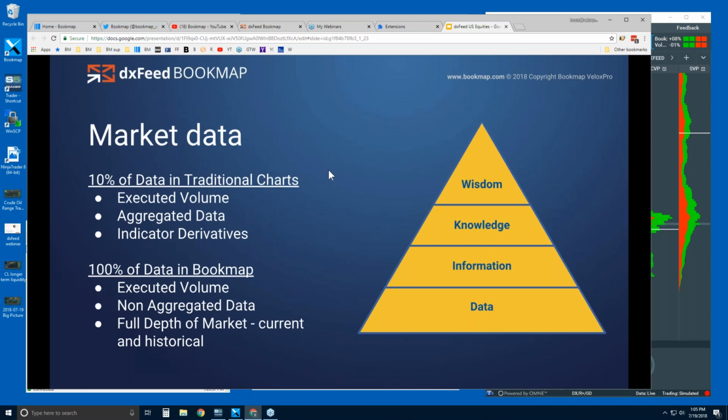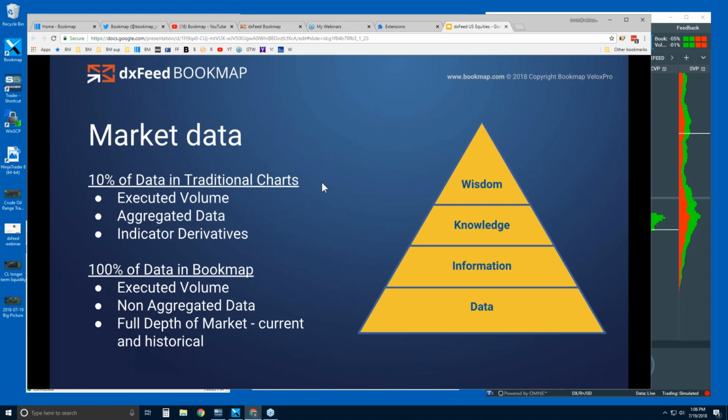With traditional charts, 10% of the data is all you're really getting, because you can't see the depth of market. You're only looking at executed volume. You're looking at aggregated data. What do I mean by aggregated data? You're looking at bars of data within some sort of time period, volume period, rotation period, it doesn't matter. It's still aggregated data.